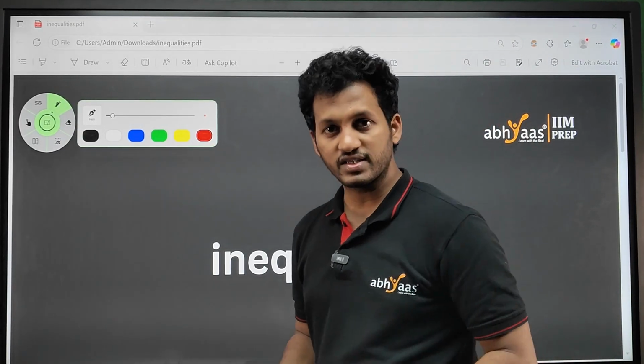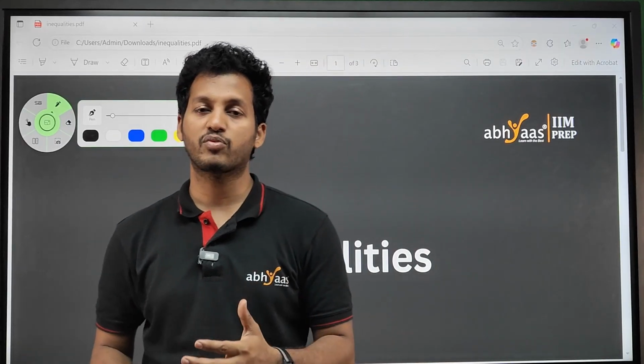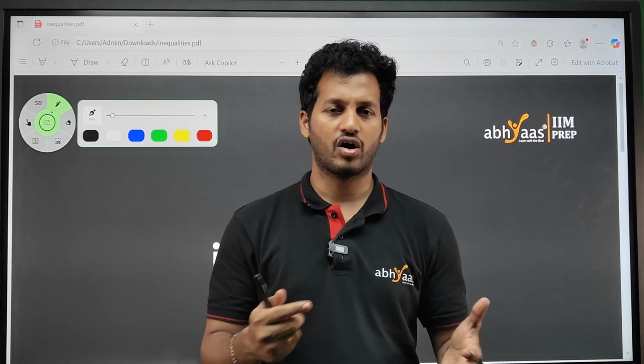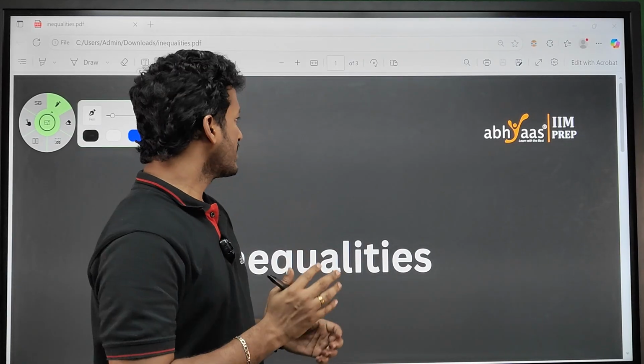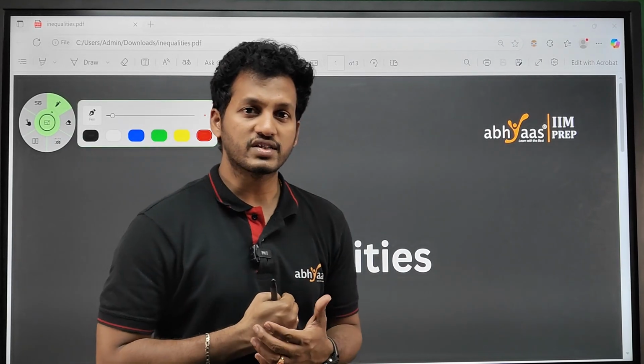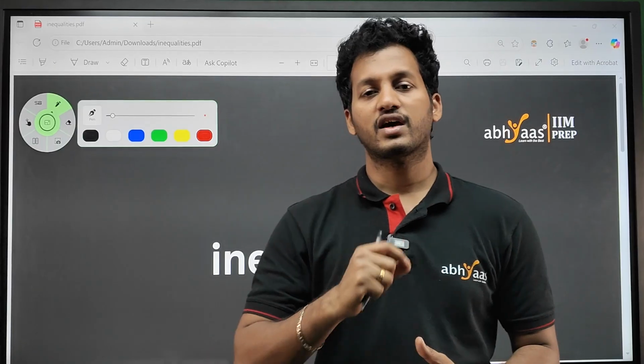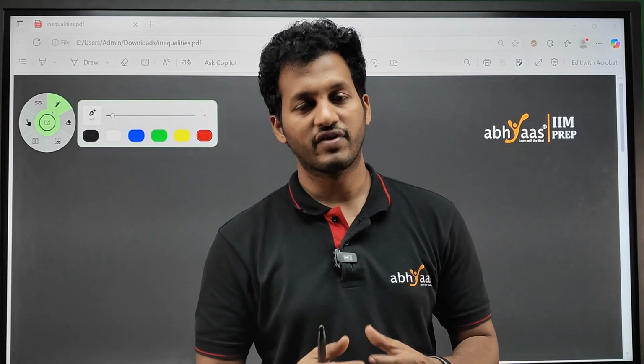Yes, we already solved these things in functions, when we were finding domain, range, and all these things. But in inequalities particularly, I want to discuss a wavy curve method, which is a very useful method for finding the ranges or domains very easily.